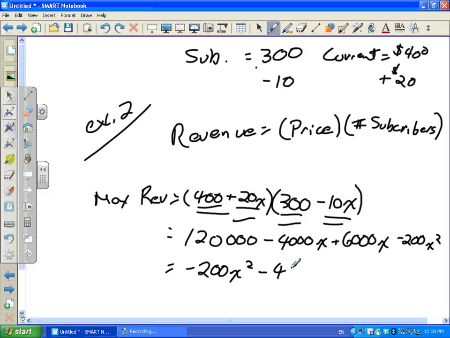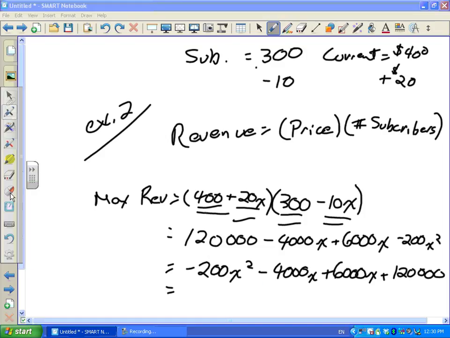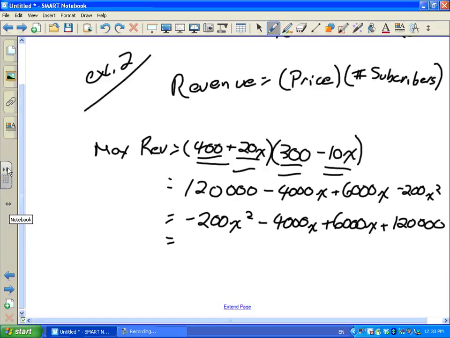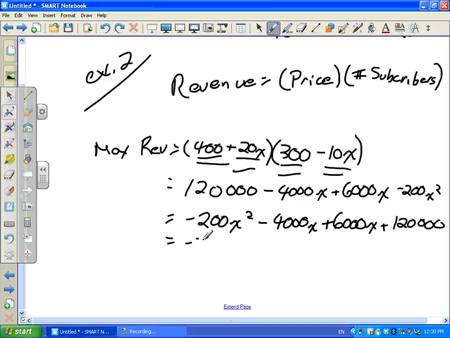Then we have our negative 4,000x plus 6,000x plus 120,000. I have to simplify my middle terms. Negative 4,000x plus 6,000x is positive 2,000x, plus 120,000.